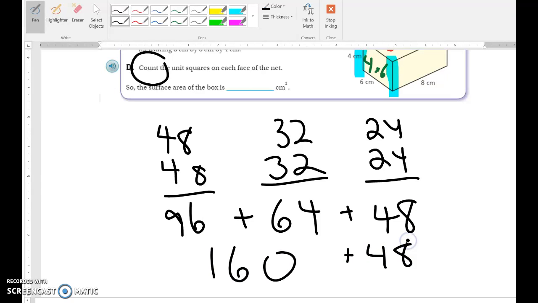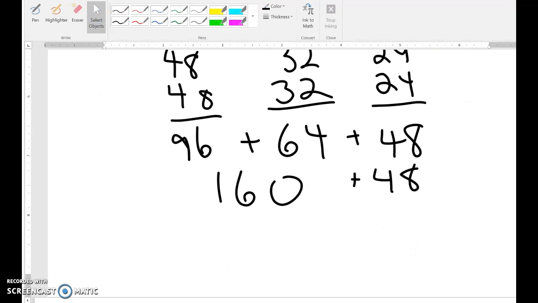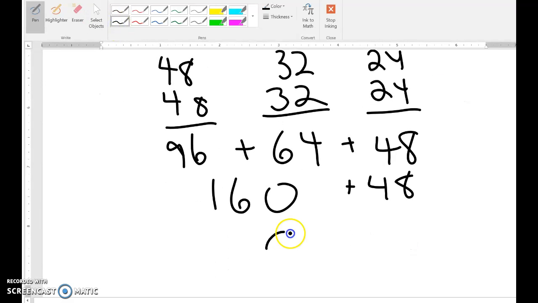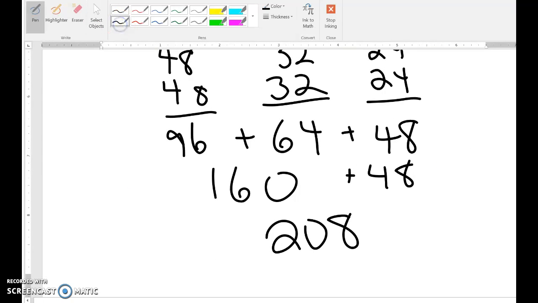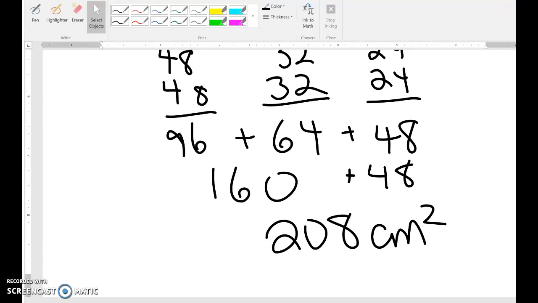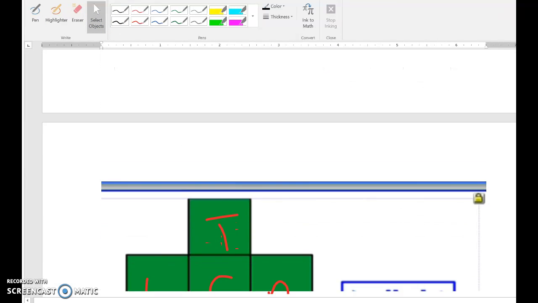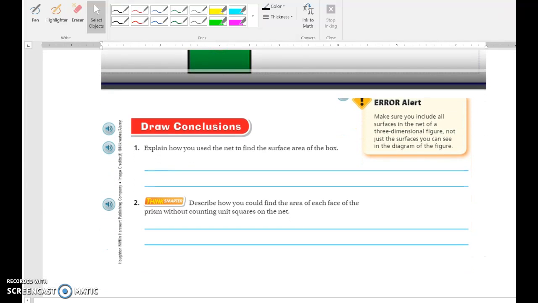So our total surface area is going to be 208. And what was the units? Square centimeters. Okay? So you're going to have plenty of opportunity to practice that and see the physical ones.